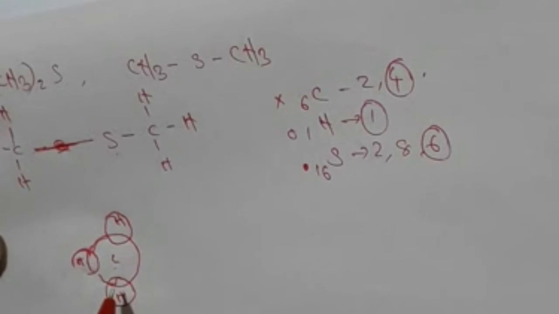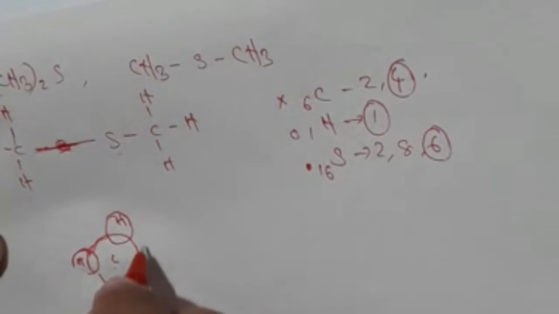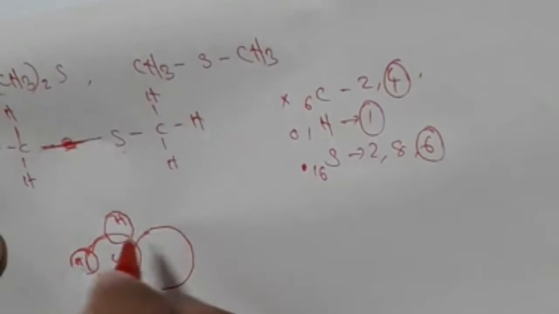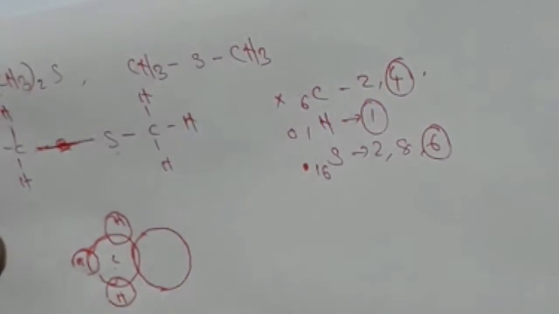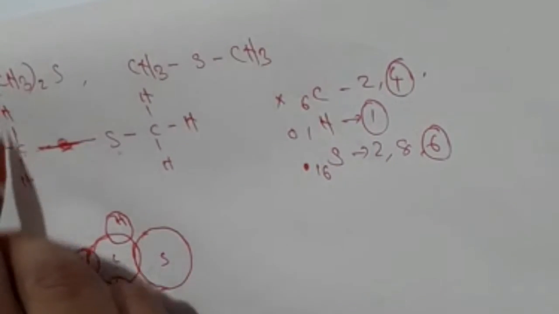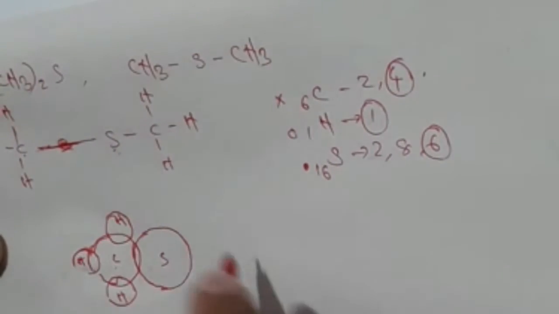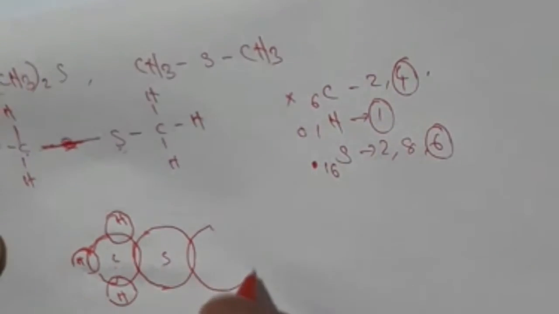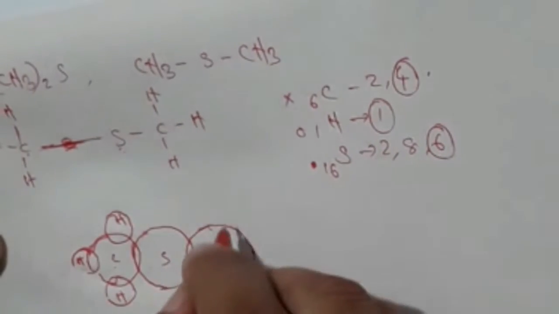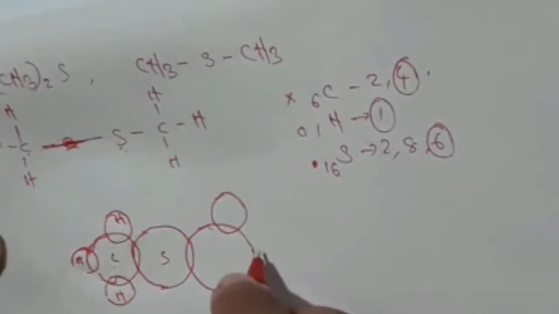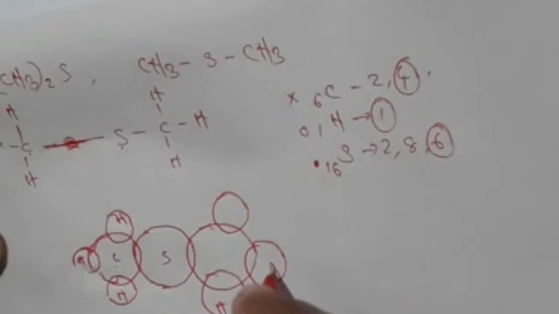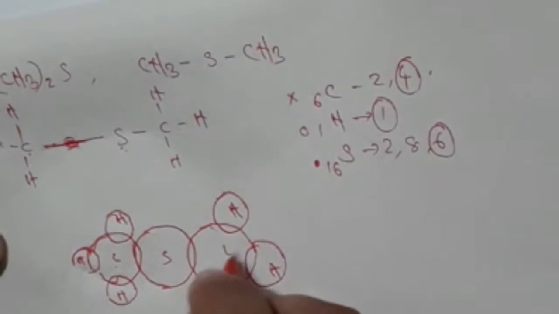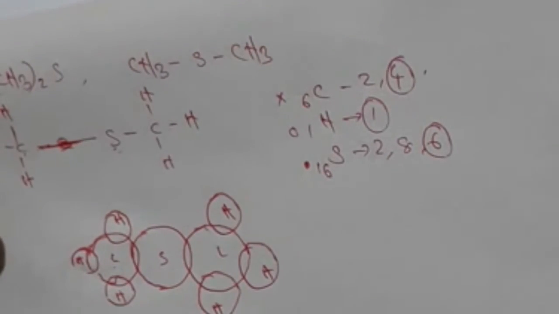After carbon there is sulfur. Again carbon, again 3 hydrogen. So this is the basic structure.